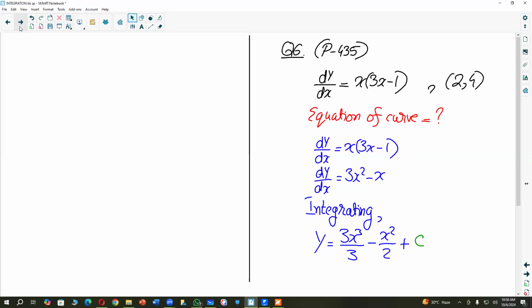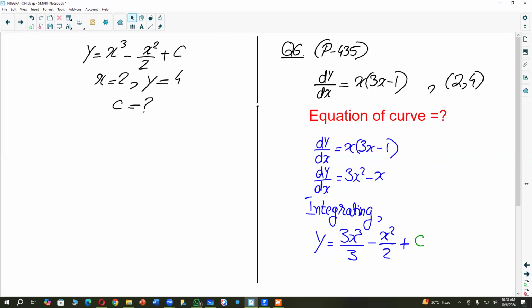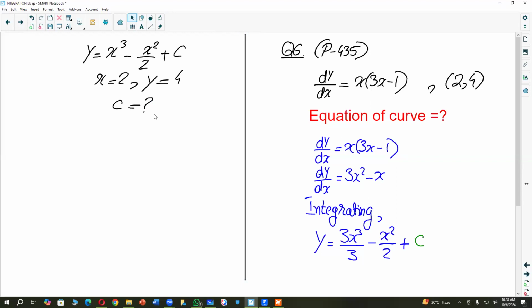I'm done integrating now. I'll put in the values of x. So then you have to put the coordinates 2 comma 4.